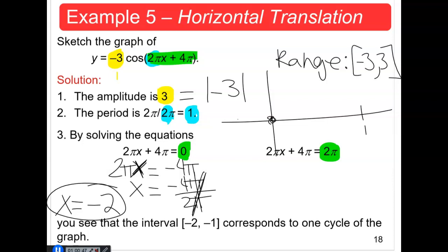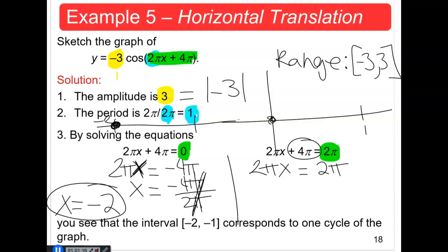Okay, that's going to be our starting point. So if I was to extend this x-axis, let's say that negative 1 is here, and then negative 2 is here. So right here. Okay, now for the other equation, we are going to solve it. So 2 pi x is going to be equal to 2 pi.